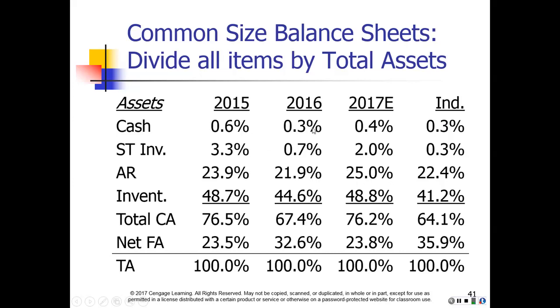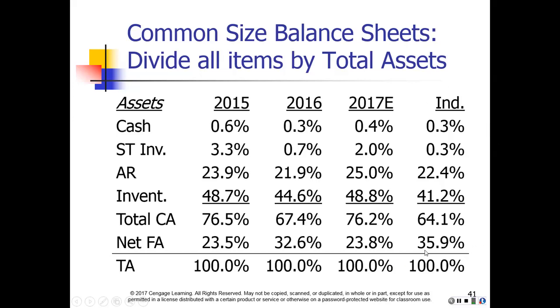That's how all of these numbers are calculated. They are a proportion. So 23.9% in accounts receivable in 2015 says that in 2015 the company's accounts receivable were 23.9% of the value of its total assets. In 2017, it was 25% of its total assets, right?